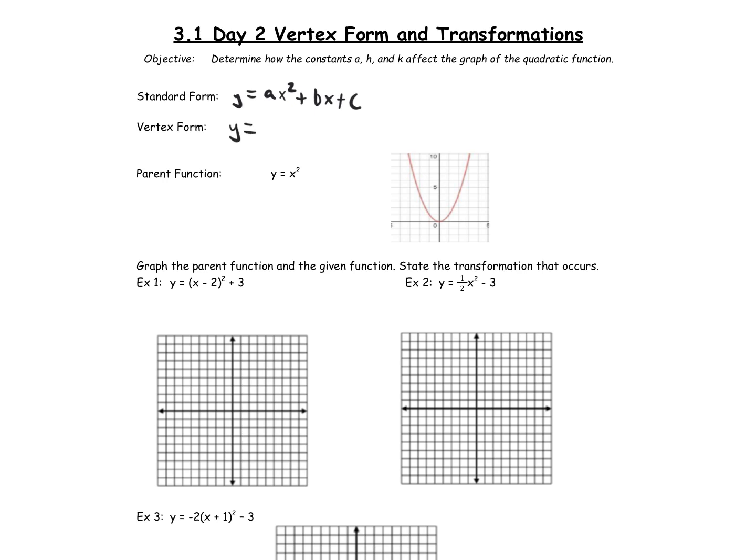We've talked about vertex form back in Unit 1 when we were first talking about transformations. And that is, remember, y equals a(x minus h) squared plus k. And that h and that k can shift where our vertex is found.